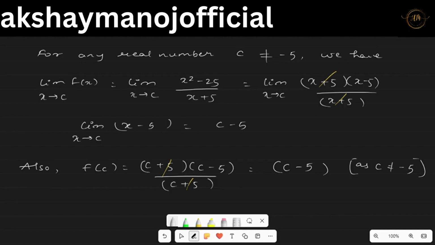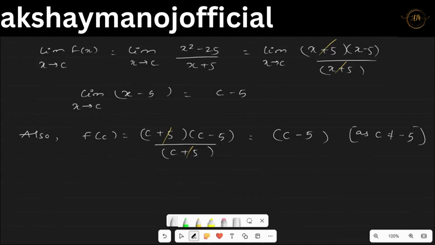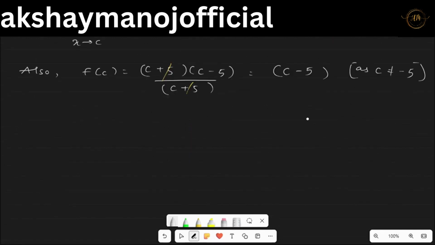Okay, yes. Is this satisfying the condition limit of f of x as x tends to c is equal to f of c? Yes.